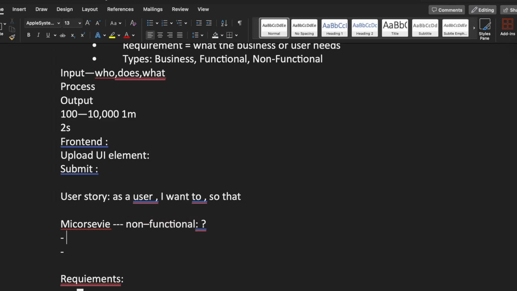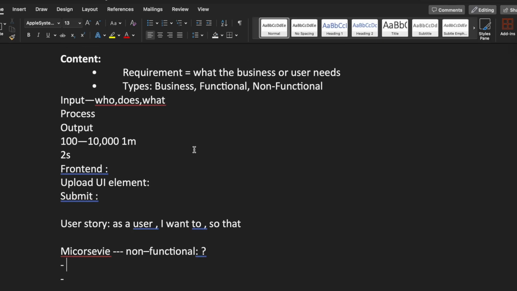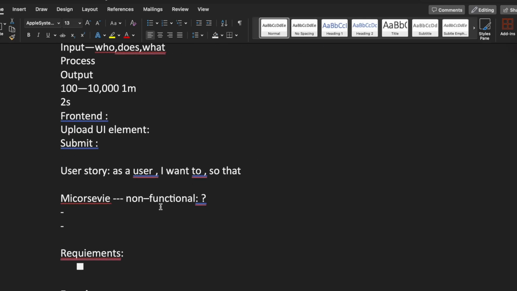So for every user story, I would recommend you have this option when you are writing, like here. You have your user story, you have your acceptance criteria.